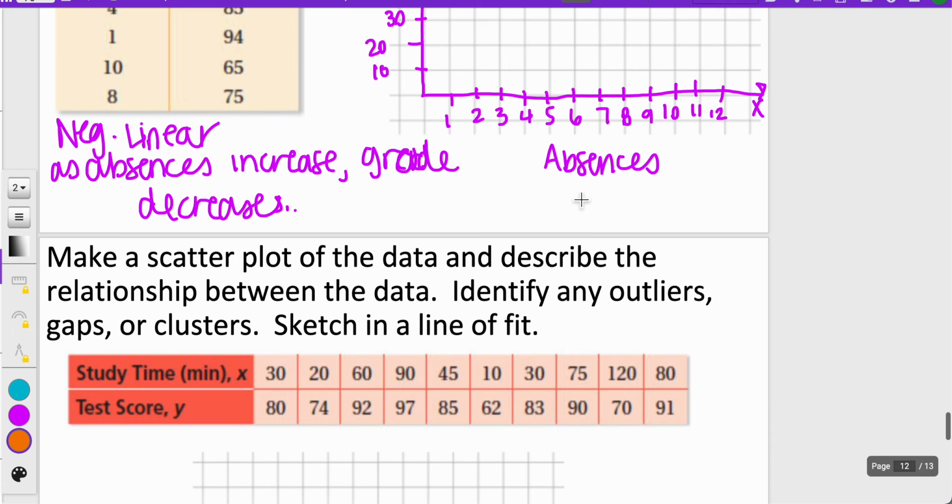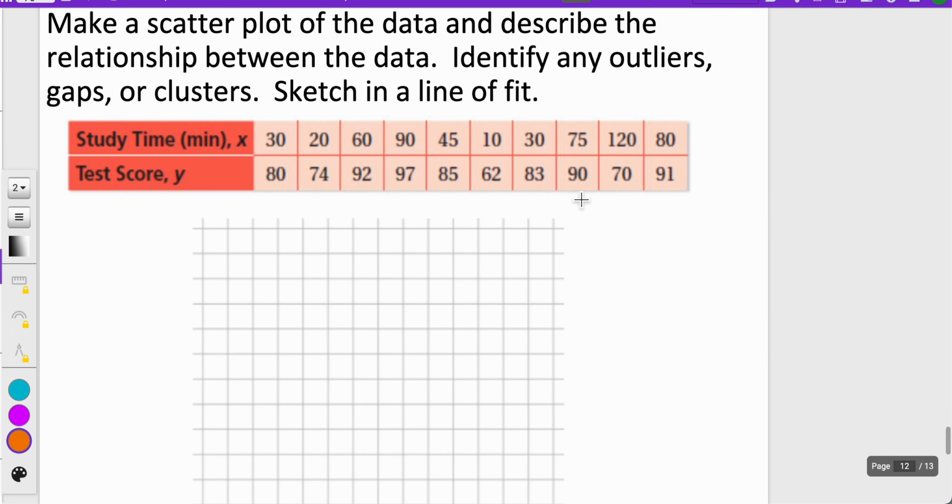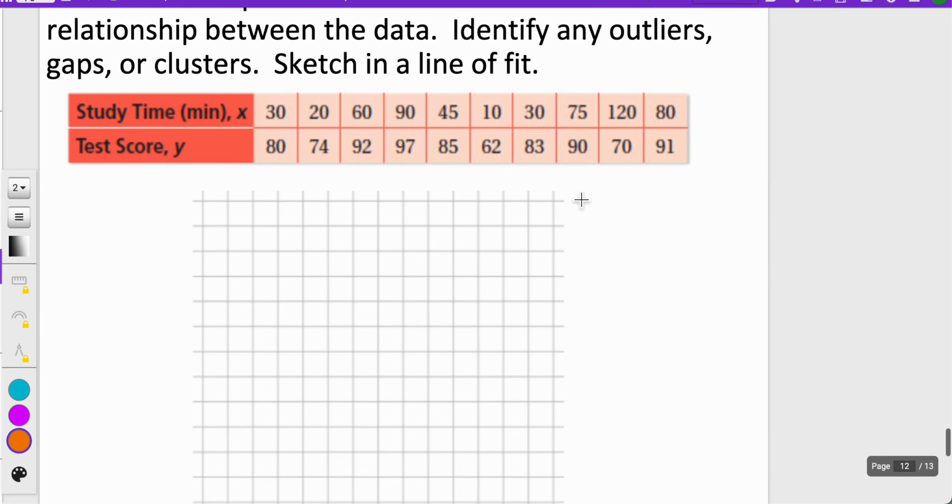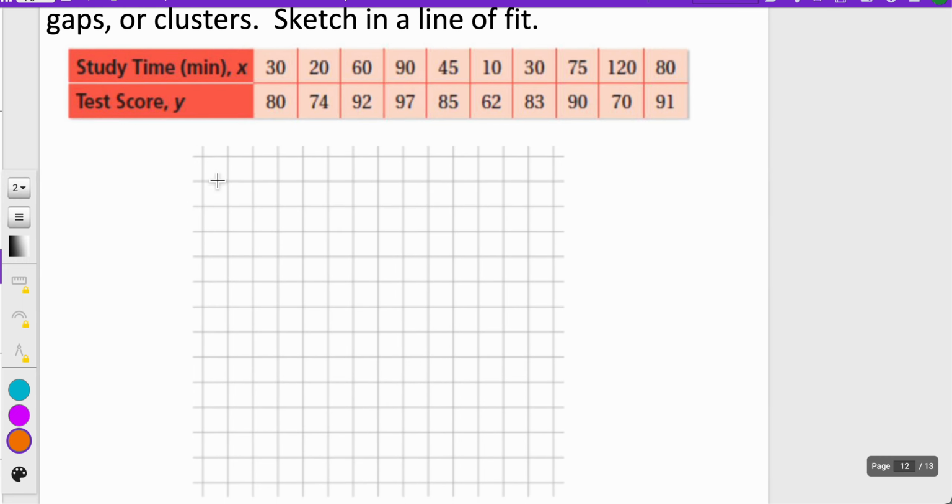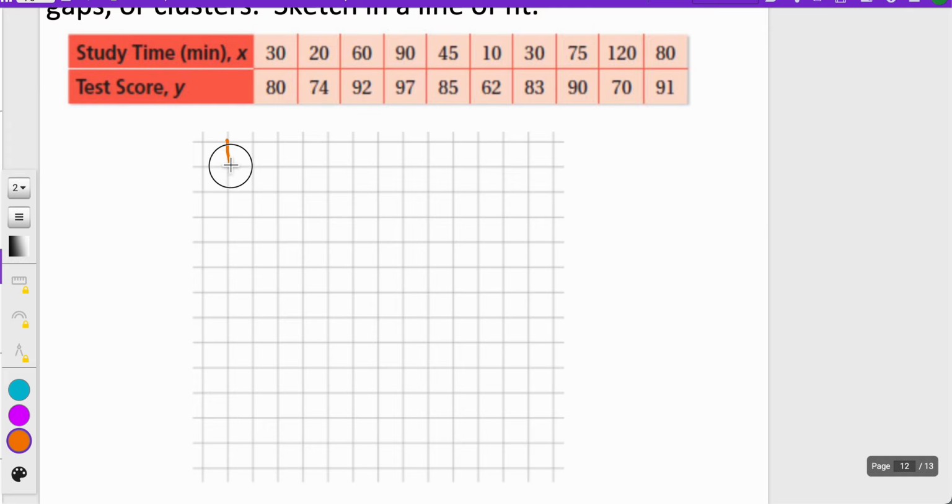Okay. The last one, again, making a scatter plot, identify any outliers, gaps, or clusters, and then sketch a line of fit. So we have study time as our X, and test score is our Y. So let's go ahead and set up our X and our Y axes.